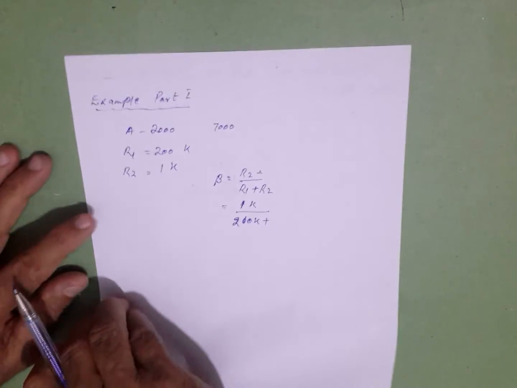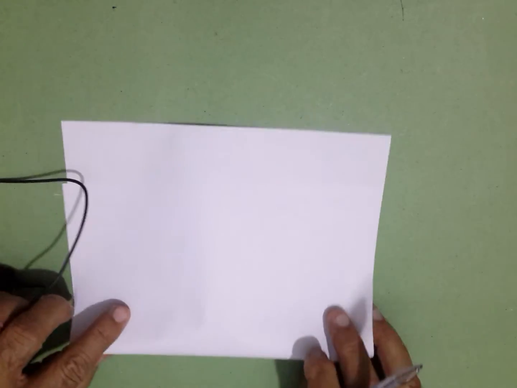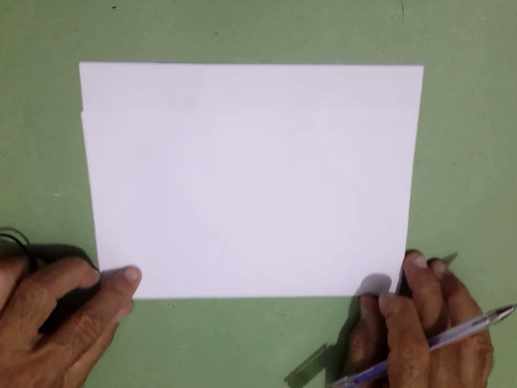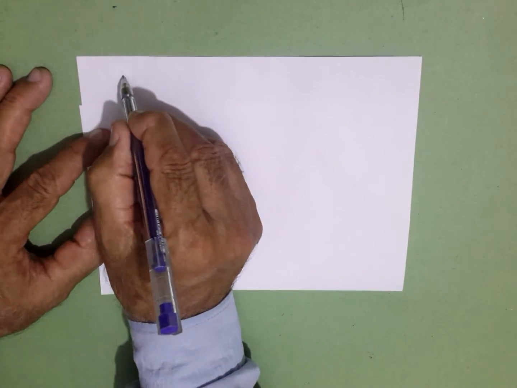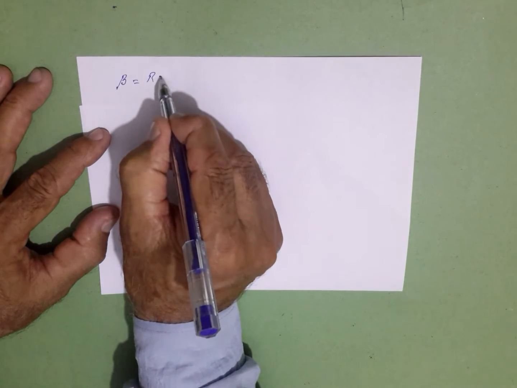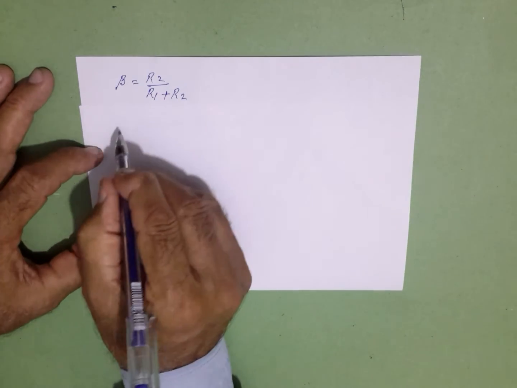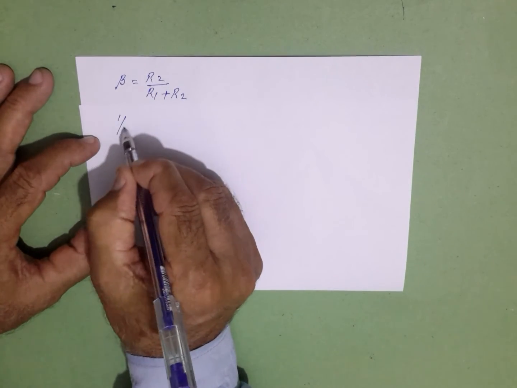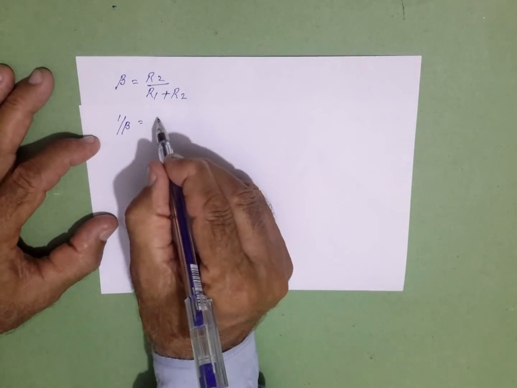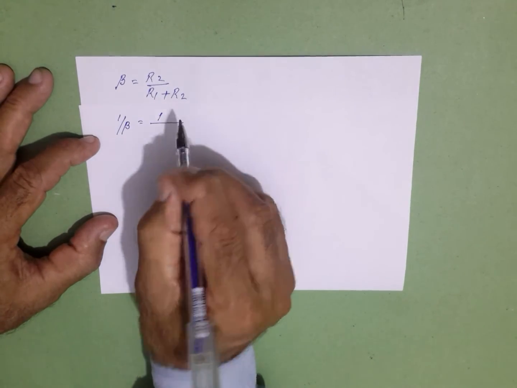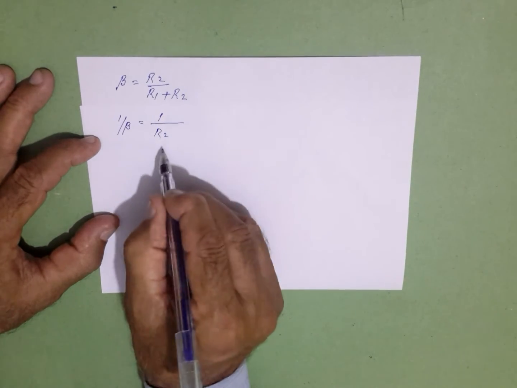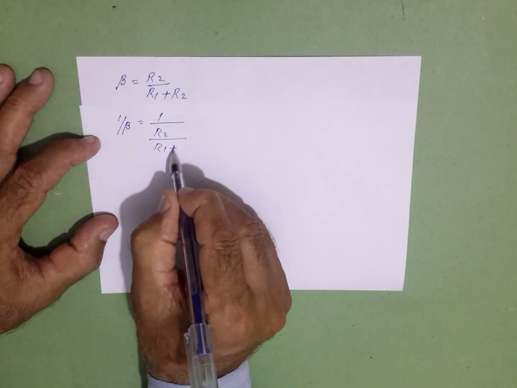Now let us calculate another thing. We know that beta is equal to R2 over R1 plus R2, and 1 over beta is equal to 1 over R2 over R1 plus R2.